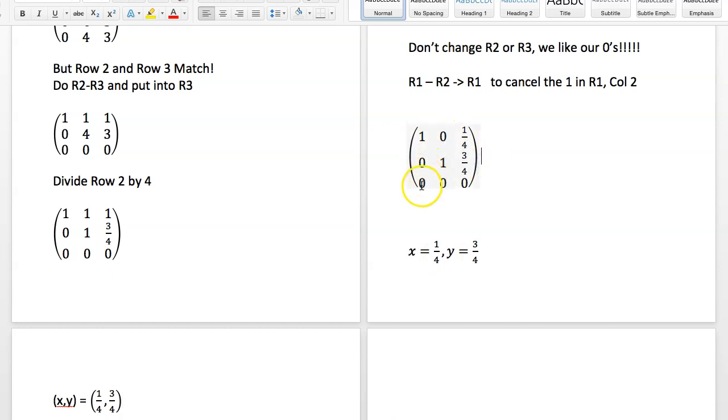Now, guys, again, we got row 0, 0, 0, and that's why this is okay, right? If it wasn't for that, we'd be out of luck. If I had somebody other than 0 in row 3, column 3, I'd be out of luck.